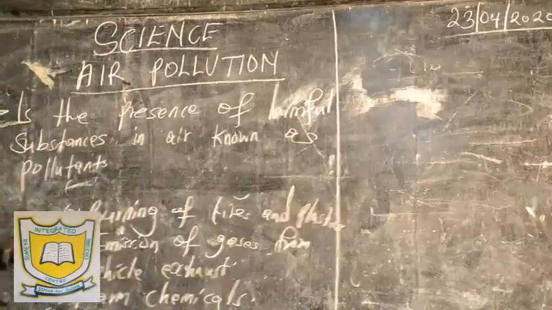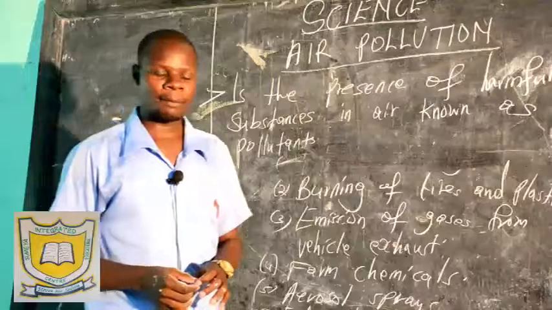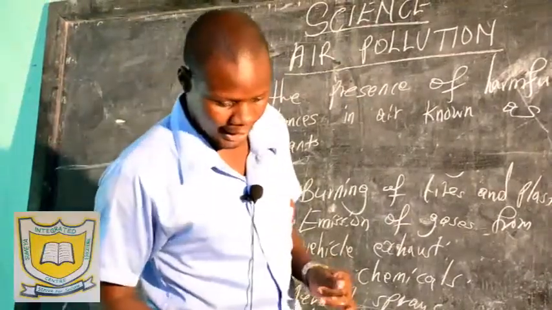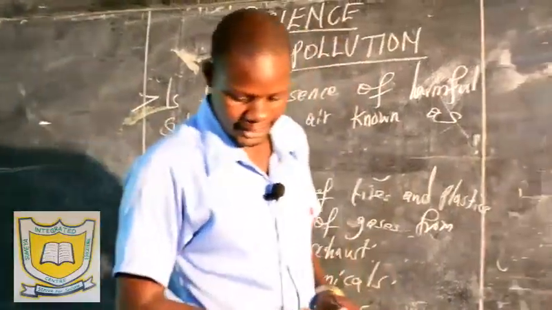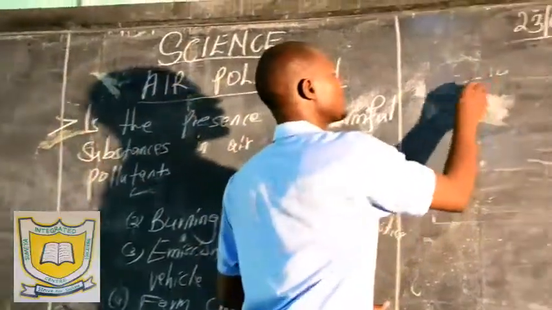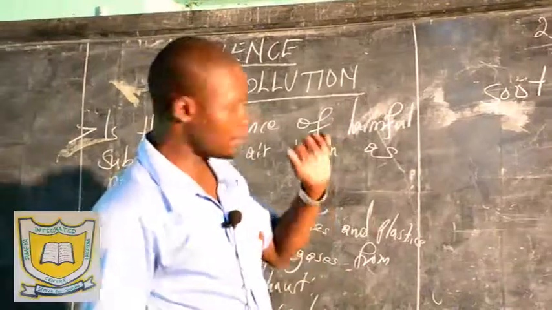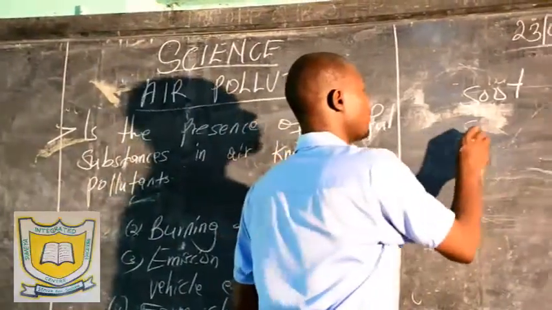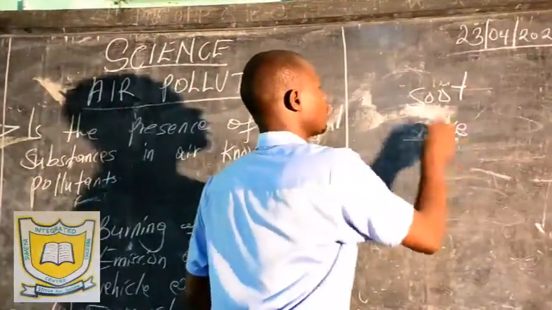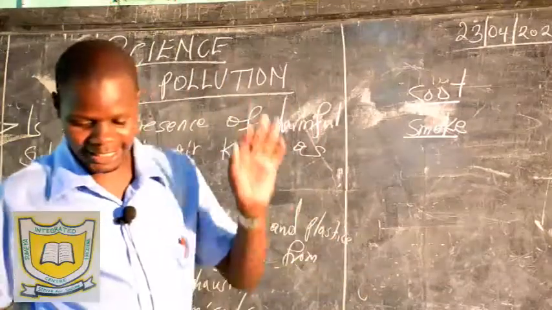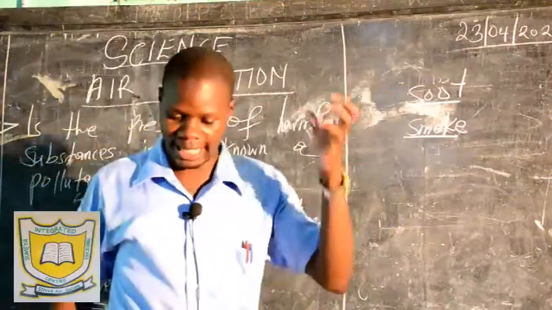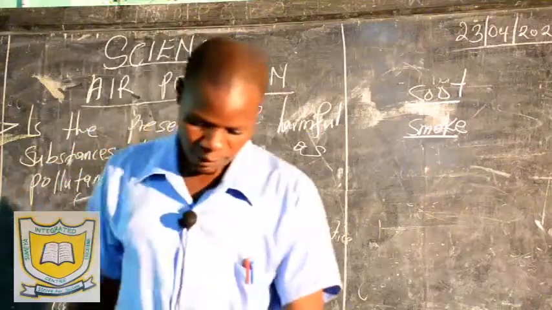Number 2, we have burning of tires and plastics. Burning of tires and plastics produces soot and smoke, which is very dangerous and it pollutes the air in one way or the other.